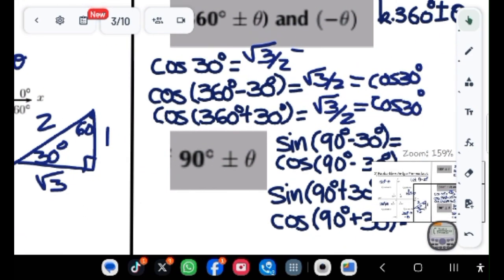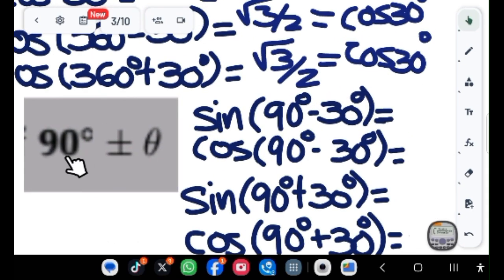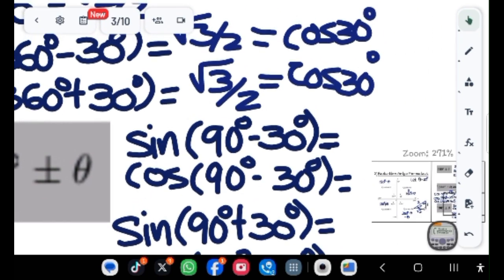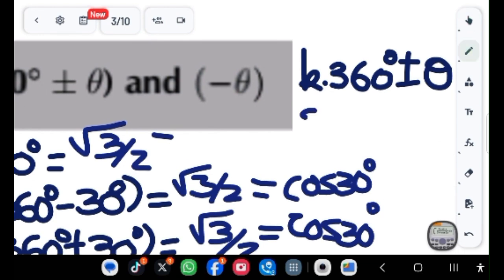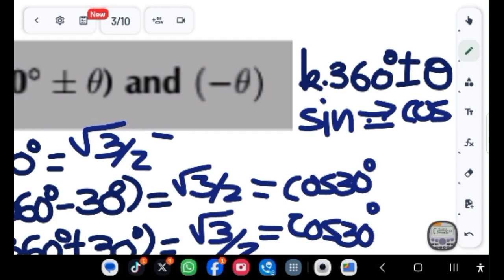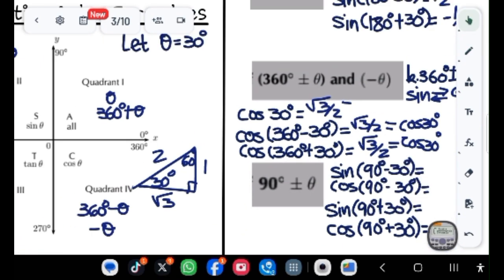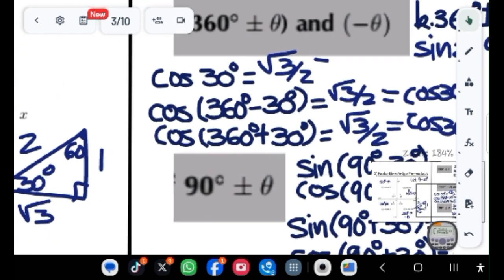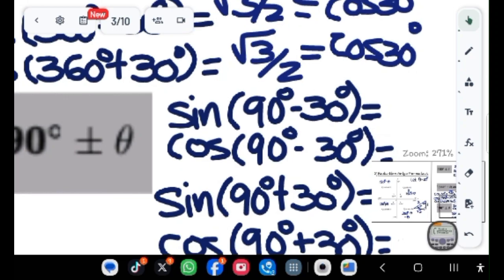However, please notice something: whenever you have 90 degrees, it changes into its cofunction. The cofunction of sine is cos. Cos is simply short for cosine, so it changes into its cofunction. Right, what is cos of 90 degrees minus 30 degrees?